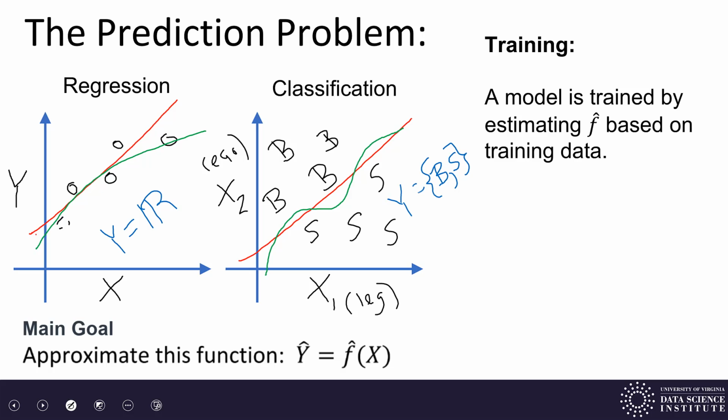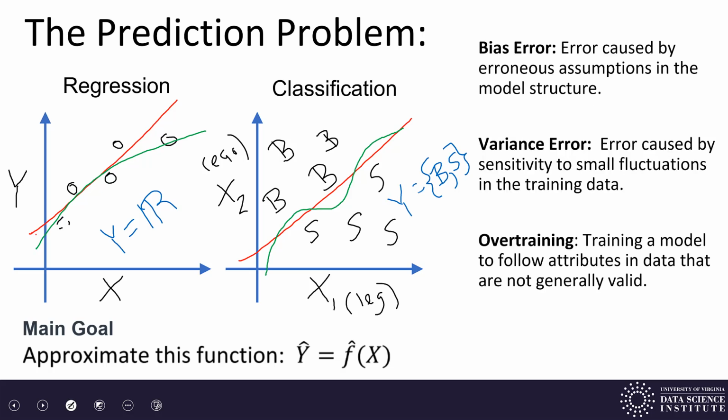When training a model for a prediction problem, there's a couple of types of errors that can come in, and this helps us describe and understand what types of errors we're causing, and helps us understand, should we choose a model that's more like the green curves that we've shown here, or more like the red lines.